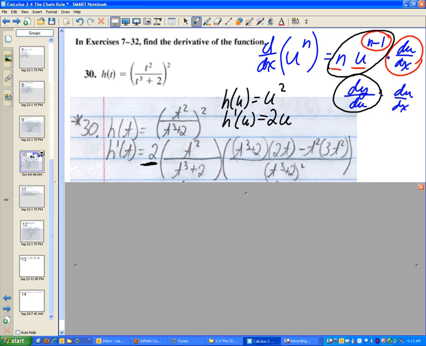Isn't that what this is? 2u to the 1? Okay? So you see how the n times u to the n minus 1 is the dy du from the original chain rule. I'm emphasizing this because later on it's going to be really important that we remember the original chain rule.